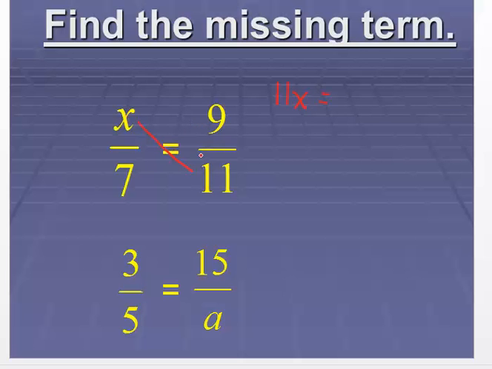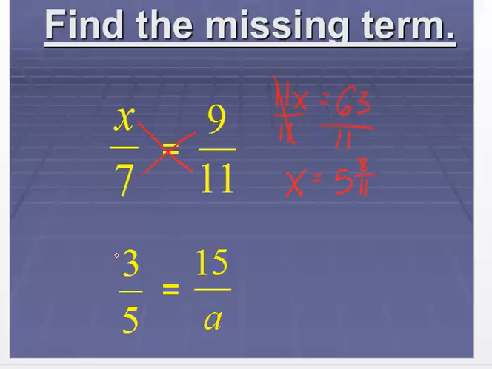So my extremes gave me 11x, then we do equals and we multiply the means. 7 times 9 is 63. To solve for x, we're going to divide by 11. So x is, 11 goes into 63 5 times without going over. That's 55. 55 to 63 is 8. And I got 5 and 8/11.